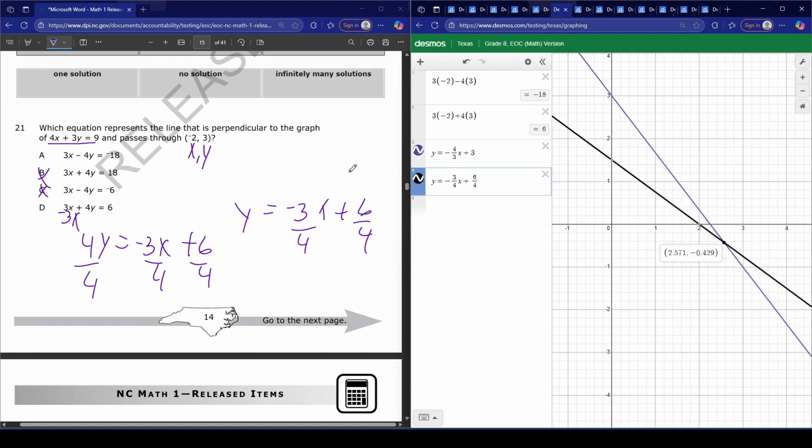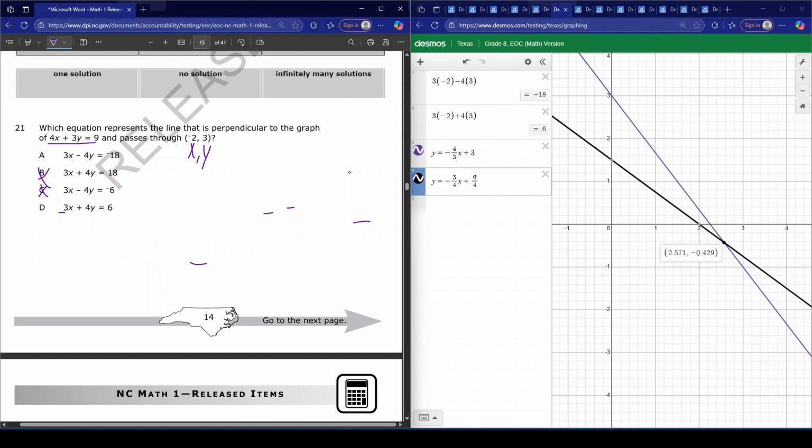So let's try A out. Let me erase all this. We should see if A is perpendicular to 4x plus 3y equals 9. If it is, that's our right answer. And if not, we're screwed. But let's do that over here. Minus 3x, we're left with negative 4y equals negative 3x minus 18.